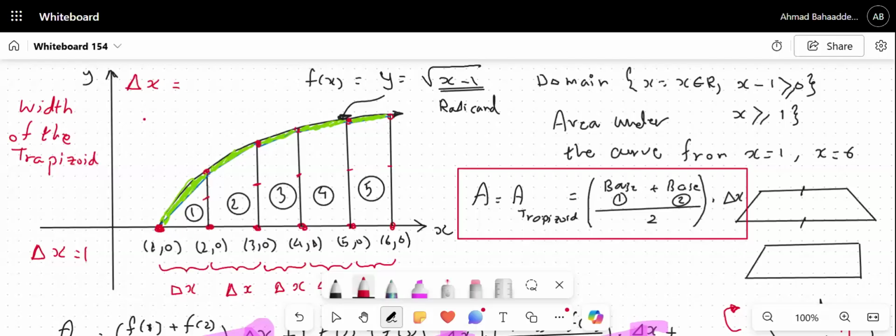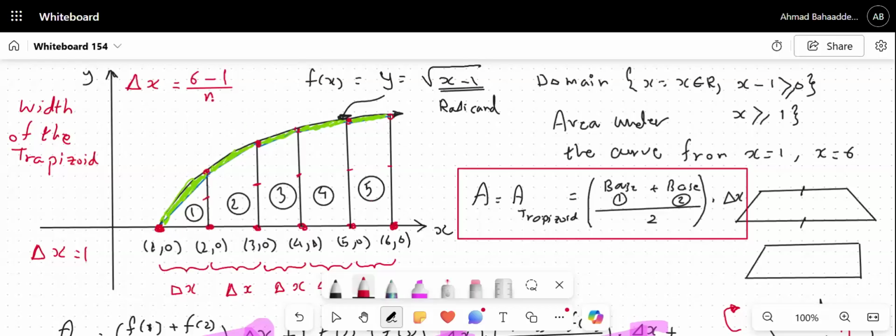Now, it actually depends on two things. The first x value we took, which is 1, and the last x value we took, which is 6. So basically, it is the upper x value, which is 6, minus the lower x value, which is 1, divided by the number of areas we took, which we named n.